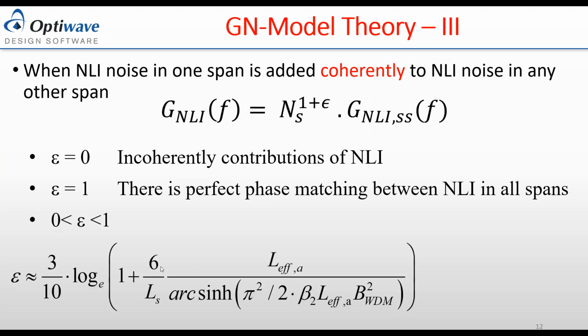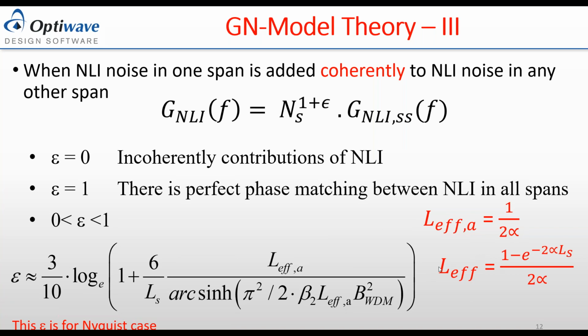The equation for calculating the epsilon uses this equation, which depends on the parameter called L_A effective, the asymptotic effective length, which is related to 1 over 2 alpha, where alpha is the attenuation of the fiber.